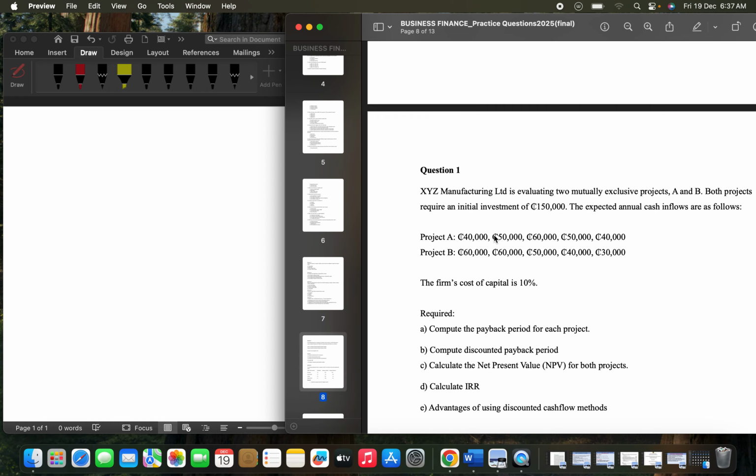Okay, so I'm writing down the project. We're given project A in the question. So project A, we're given 40,000. It's in the previous screen.